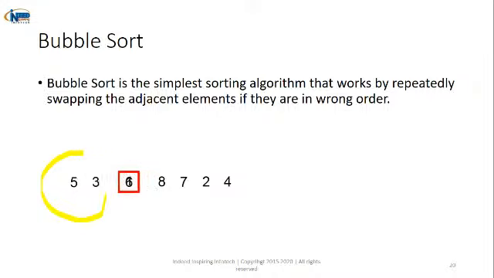In the next one, 6 and 8, 6 is smaller, so it won't do anything, it will simply move ahead. 8 7, 8 is greater, let's swap. I believe you got the idea. Bubble sort works on the first two elements, second two elements, third two elements. It will keep on comparing pairs, and it will keep on iterating until there is no requirement of swapping.